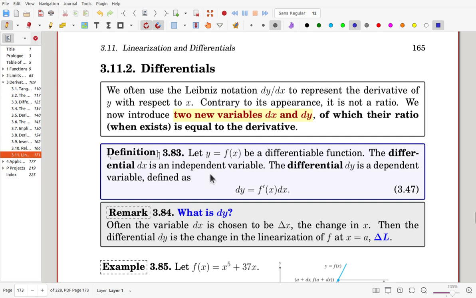Let's start with a definition here. We start with a differentiable function y equals f of x, and the differential dx is an independent variable. Now the differential dy is a dependent variable defined in this way: dy is the same as f prime of x times dx.